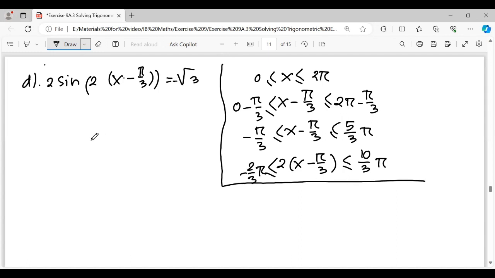Right. And then this equation becomes, 2 should move to the right, sine 2 times x minus pi third equals negative square root 3 over 2. Okay.